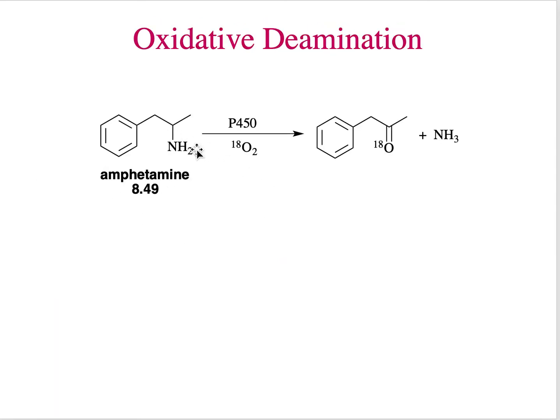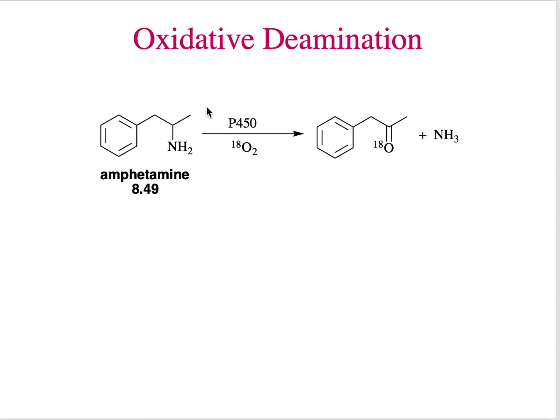So here's an example of this. Amphetamine is going to be oxidatively deaminated to the corresponding phenethyl ketone and ammonia. We can see that this oxygen comes from O2 by feeding in O18, which is isotopically labeled oxygen.